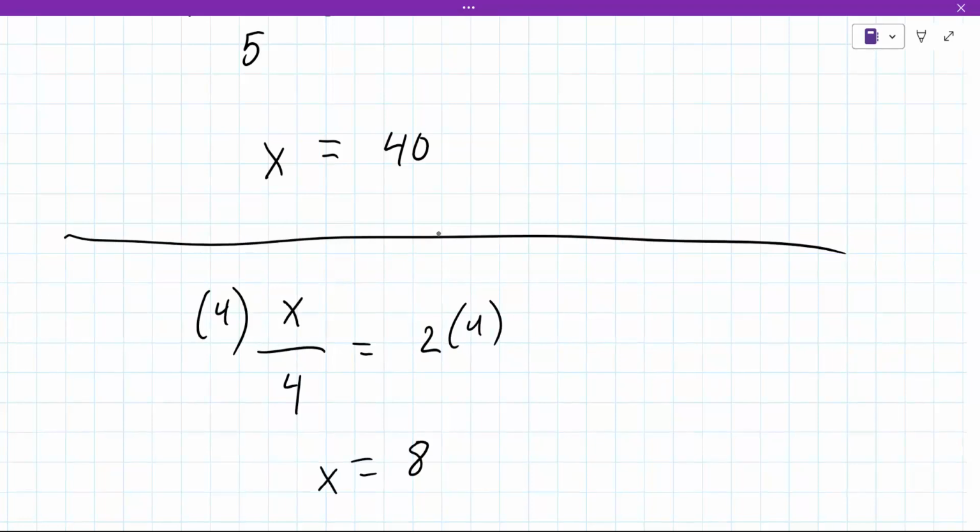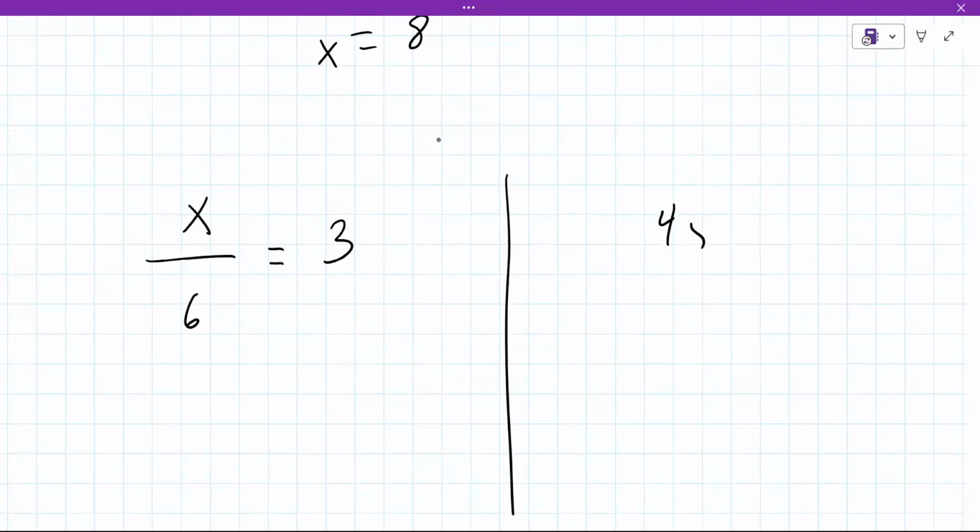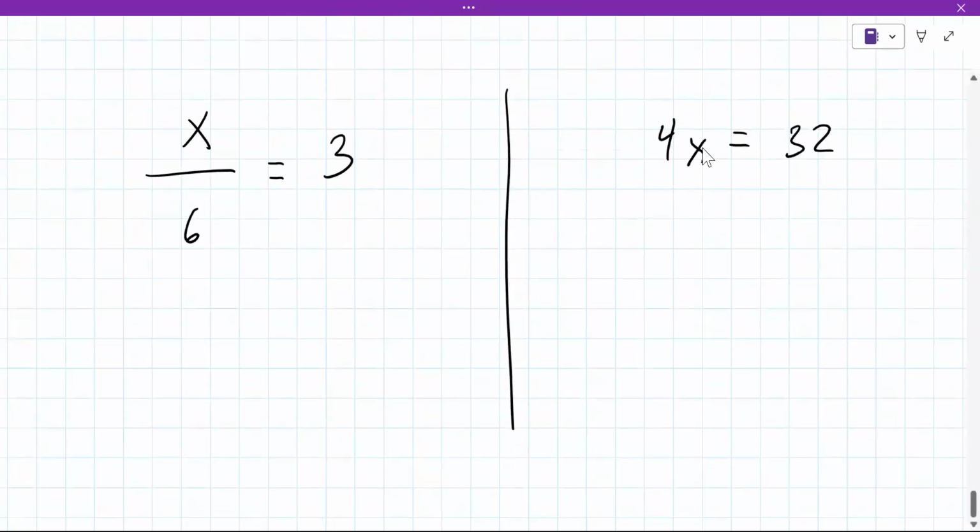Good. Okay, so you've seen the pattern here. In one type of problem, let's say it's x over 6 equals 3, and the other over here is 4x equals 32. In one case, there's multiplication, so you undo it with division. On the case on the left here, you have division and you undo it with multiplication. So could you solve each of these for me, please?